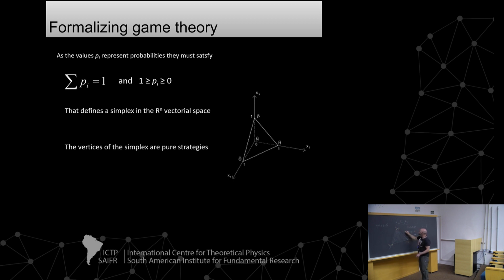I cannot go out, because if I go out, that means that one of these numbers P is greater than 1. So I am trapped within this surface. All the strategies should be here. And if I change strategy, the strategy should be here. There is no possibility. It is forbidden for me to be outside this triangle. Okay? Because if I am outside, I am violating these 2 conditions.